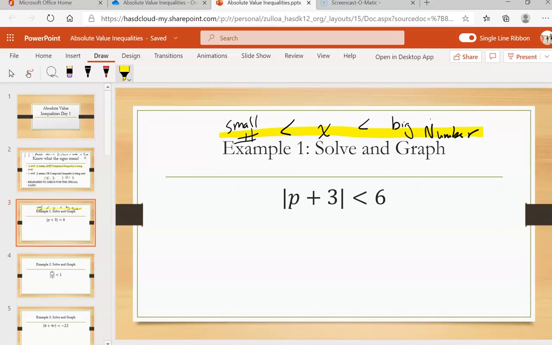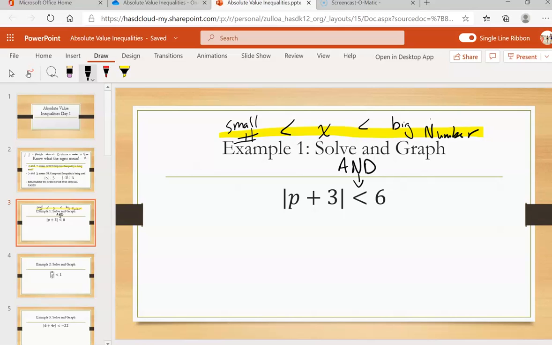In other words, they're both pointing to the left, okay? So anytime you have an absolute value inequality with a less than or equal to symbol, you have an "and" compound inequality on your hands, okay?